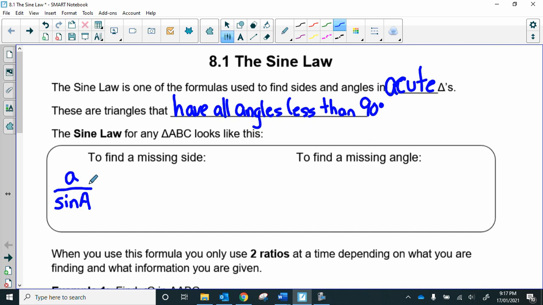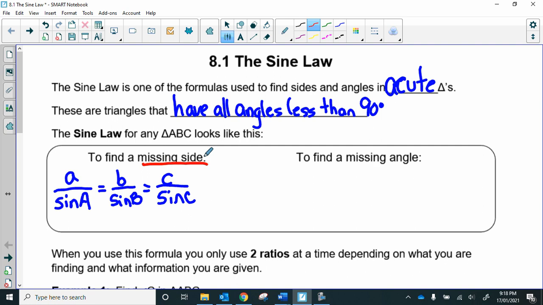So the side over the sine of the angle equals little b over sine B, equals little c over sine C. If you're finding a missing side, you start with this formula because the side is on top. It's just way easier to solve an equation when your unknown is on top.